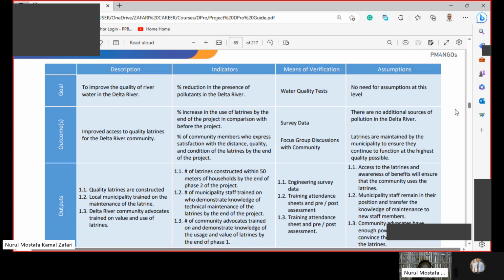So this quality test report will verify the percentage of change. At this level, we don't have any assumptions, because the other assumptions were the conditions to hold true for the next step. After the goal, there are no other steps to hold true to achieve.